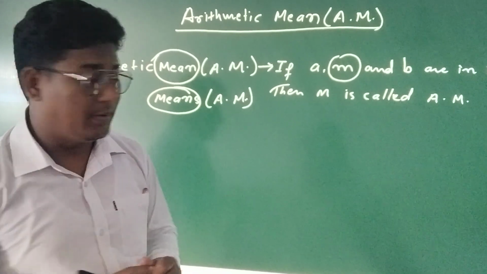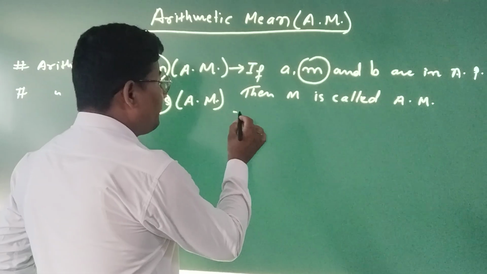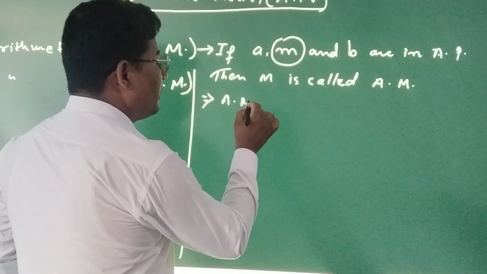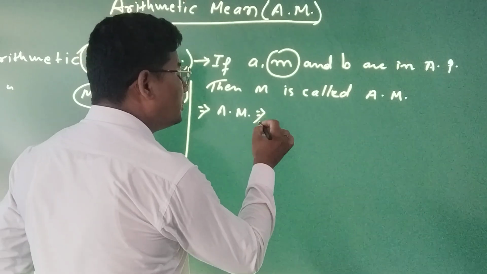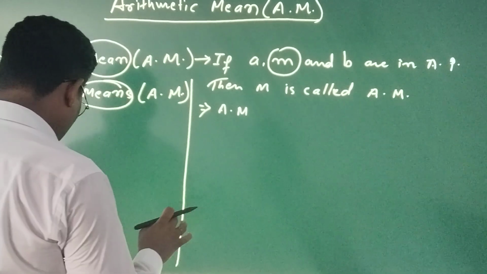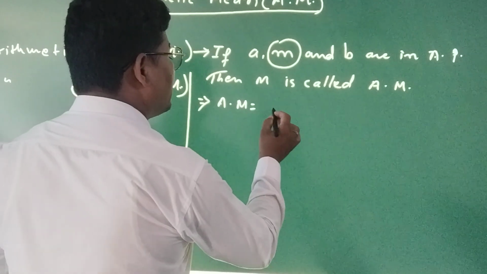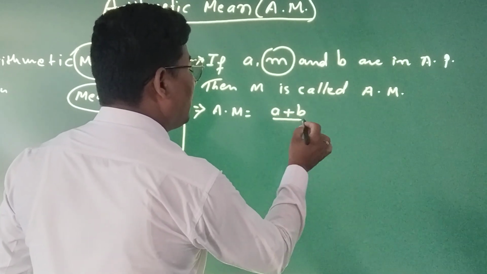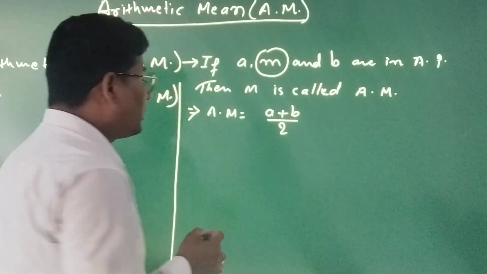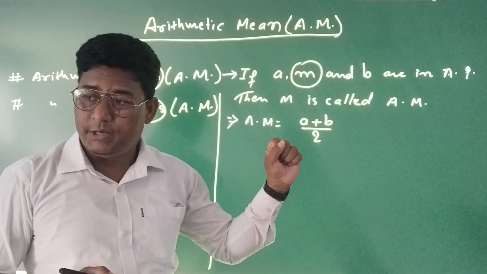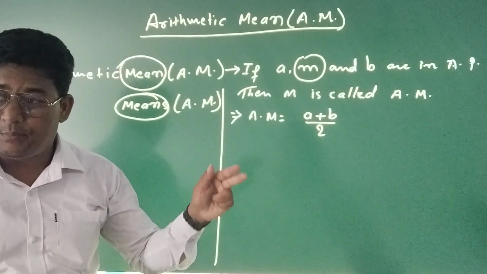Here we write: arithmetic mean equals A plus B upon 2, and arithmetic mean is denoted by M also.